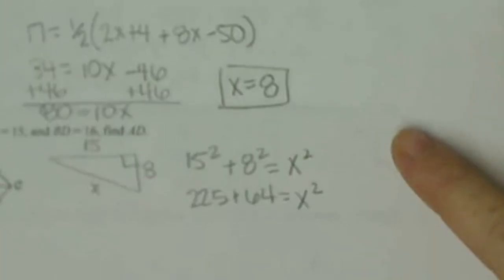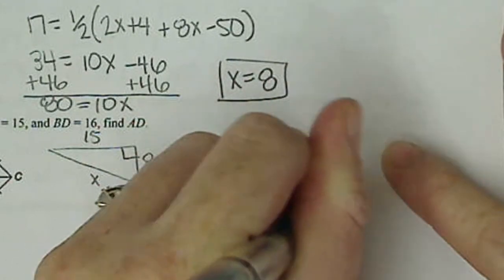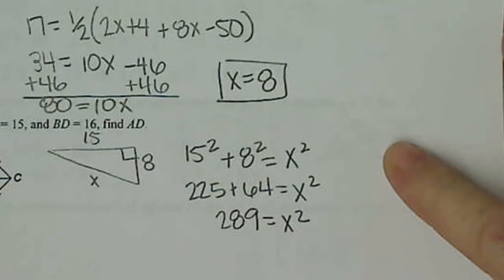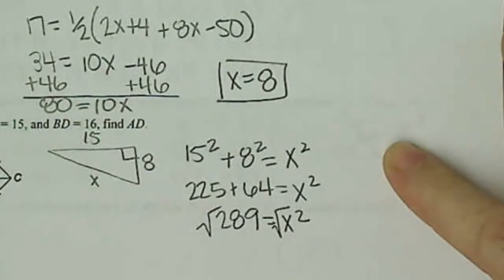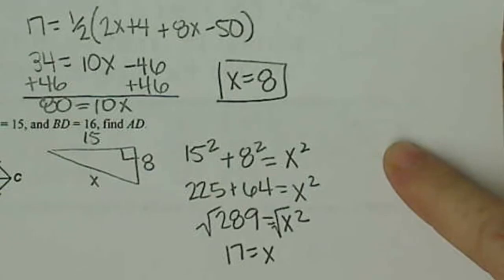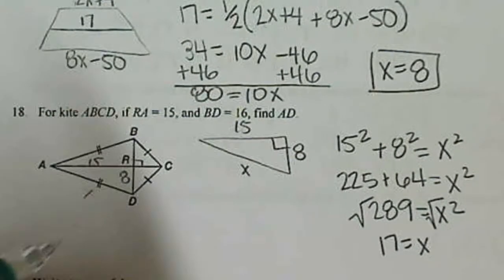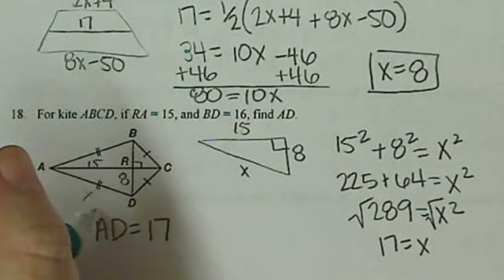Okay, let's combine those. To solve for x, we need to take the square root. Not divide by 2, but what times itself. 17 is x. So the length of AD is 17.